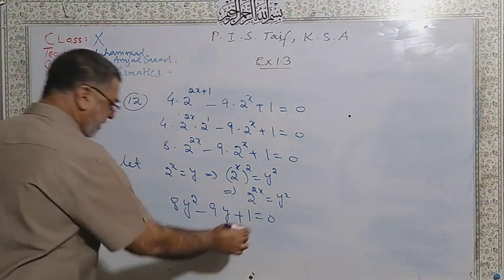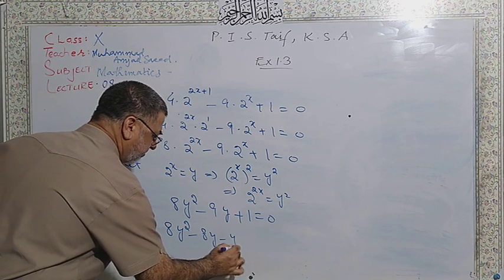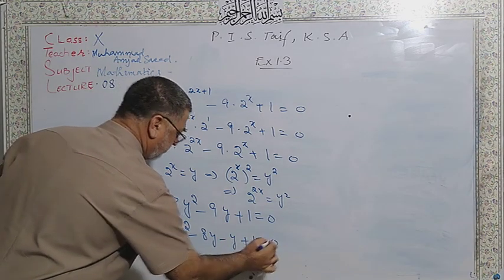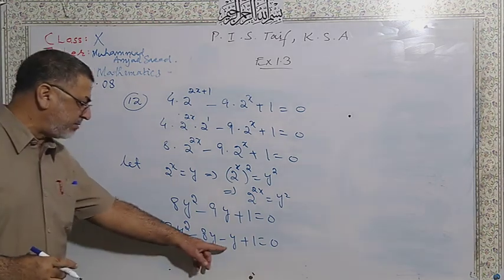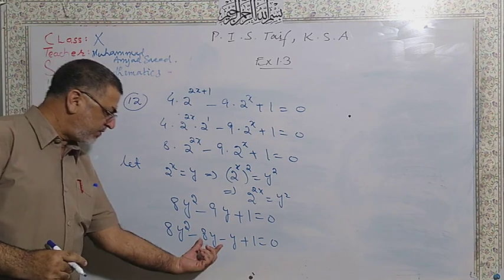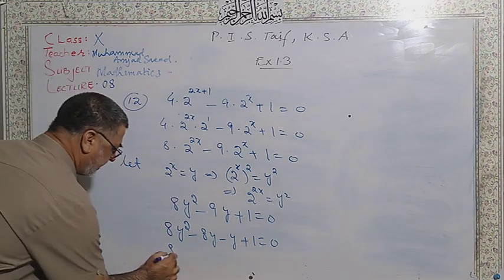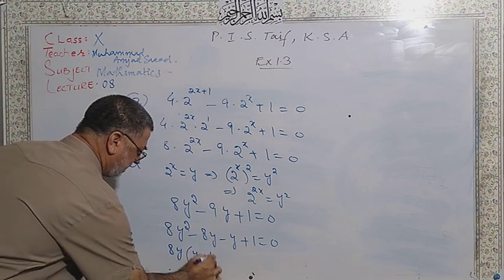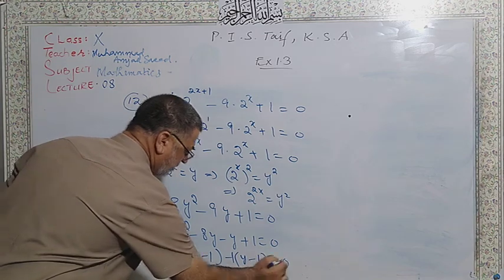Here 8 times 1 is 8, and 8 and 1 are making minus 9. I am writing this down directly: minus 8 minus 1 is minus 9. And after multiplying, you will get plus 8y square. So taking 8y common, y minus 1, and minus 1 common, y minus 1 is equal to 0.